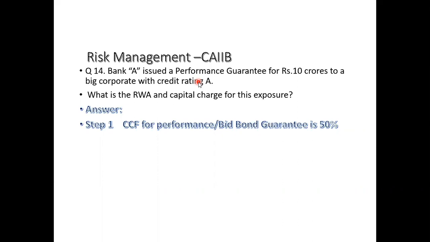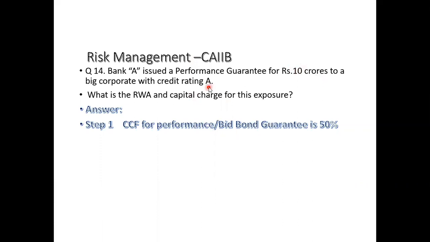When the contract is successfully awarded, your customer, the bidder, has to give a performance guarantee. For these 2 guarantees, only 50%. All other guarantees, 100% CCF. LC is 20%. Remember the standard and you can do wonders.